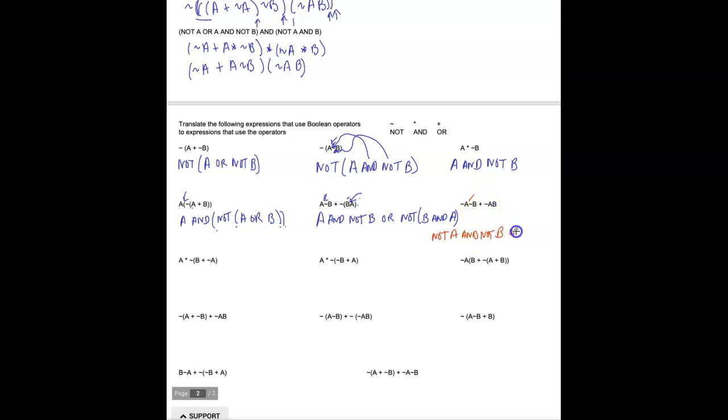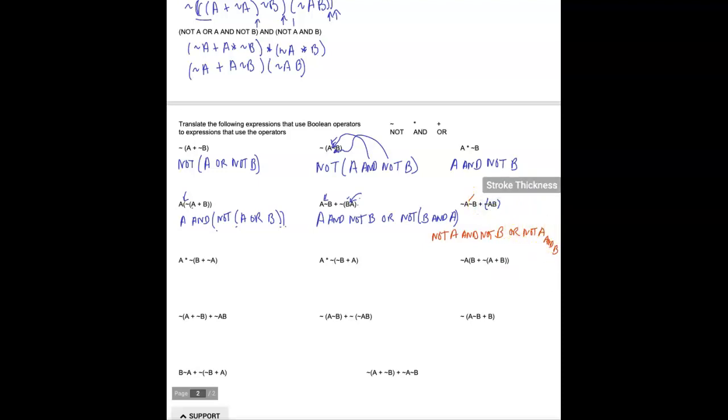Or, this is tricky here, the not is, according to the order of operations, not occurs before and. So this not is really part of the A, or it belongs to the A. Then there's an and B. So do not think of this as this.